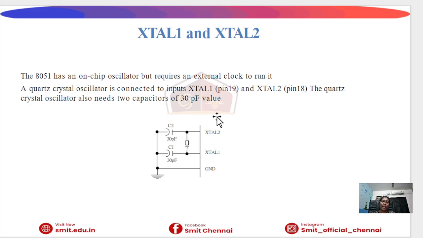Along with the crystal, we connect two capacitors, usually of 30 picofarads. This crystal decides how fast the microcontroller runs. For example, if you use a 12 megahertz crystal, the microcontroller runs at that speed. You can even observe the clock signal at XTAL2 using an oscilloscope.